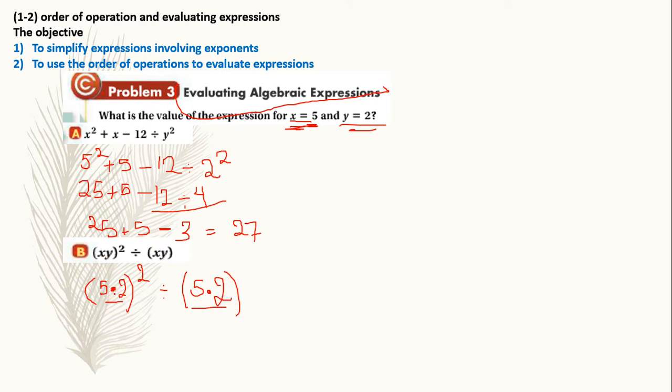It's 10 to the power 2. Why am I saying that? Because the parenthesis is first, divided by 10. So that is equal to 100 divided by 10, which is, you can simplify 10 with 10, which is equal to 10.